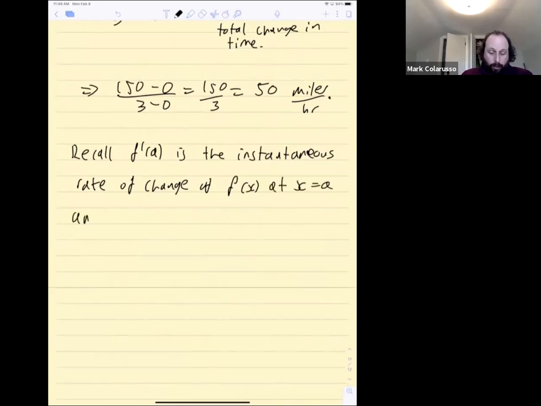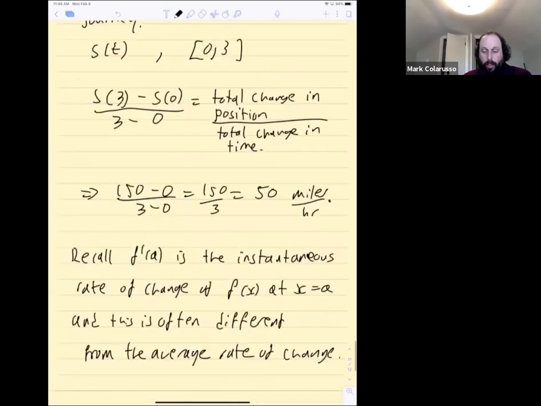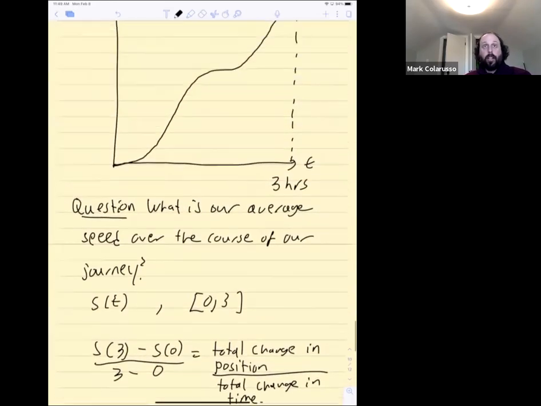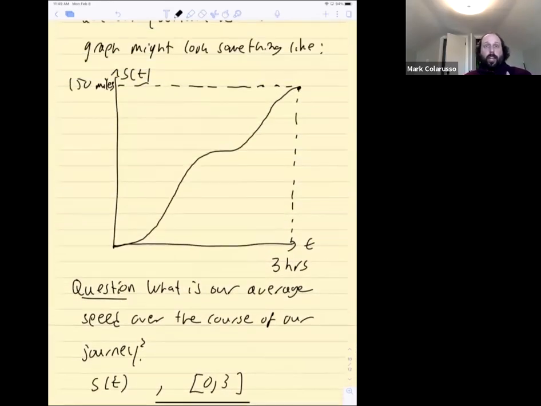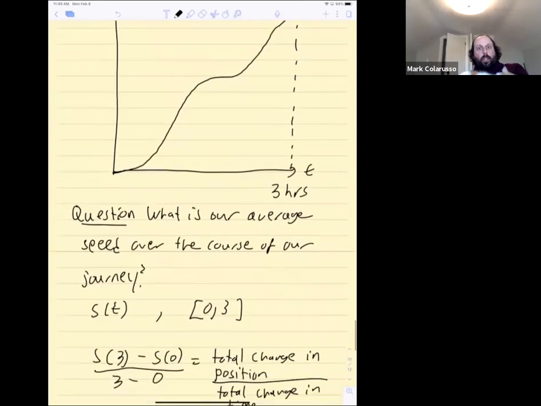And this is often very different from the average rate of change. Like in the example above, the average speed is 50 miles an hour, but we know that we are not traveling 50 miles an hour the entire time in the course of the journey.